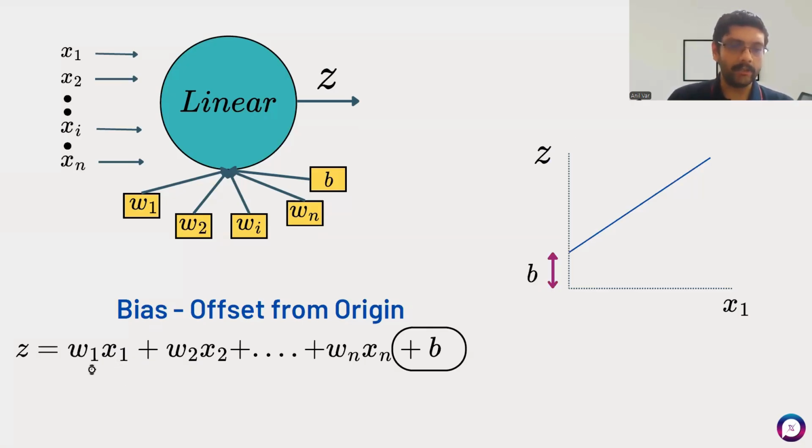So you're taking the product of the weight and the input and summing them all up, and then you're adding a bias. What this bias B does is add that offset to that plot, so it captures any offset from the origin. As you can see, if you have these W1 to Wn and B set by training on data, it resembles a linear regression. Or it is a linear regression.